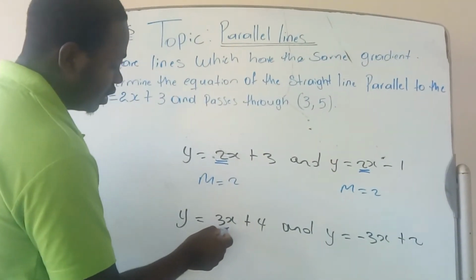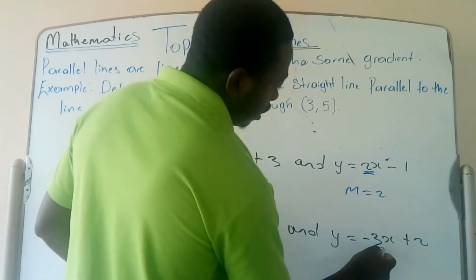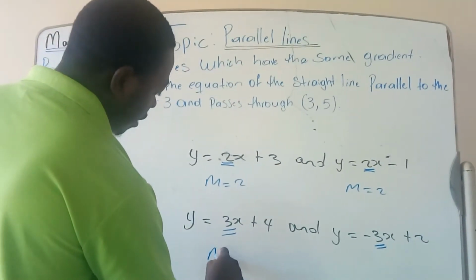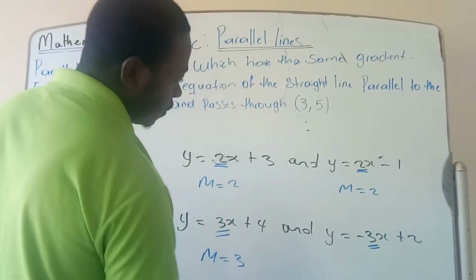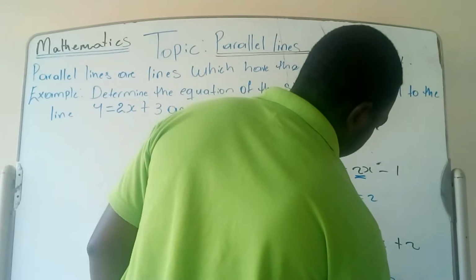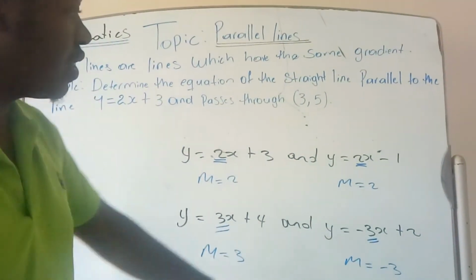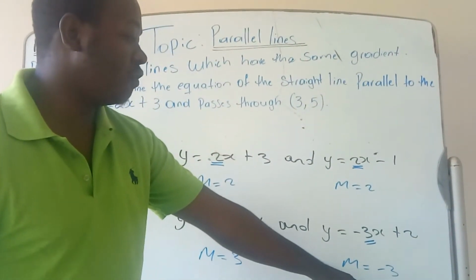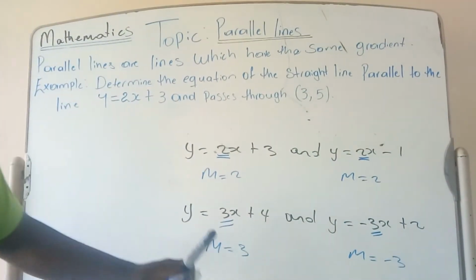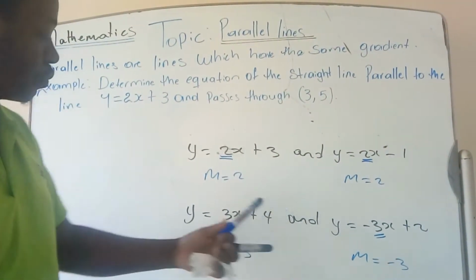Here the gradient is 3 but here the gradient is negative 3. We can write it out to say that m, which is the gradient, is equal to 3, and m in this case is equal to negative 3, and 3 is not equal to negative 3. So therefore, these two lines are not parallel, or they do not have the same slope.